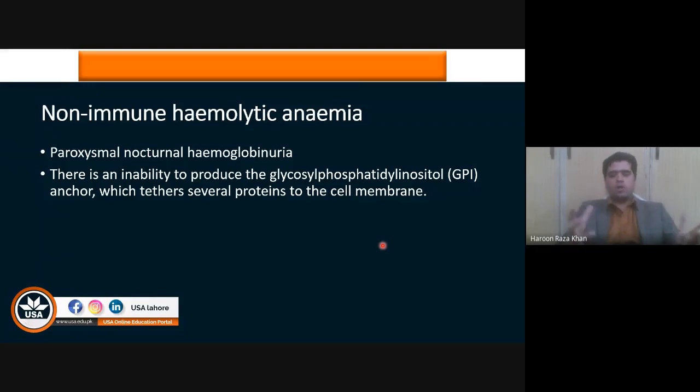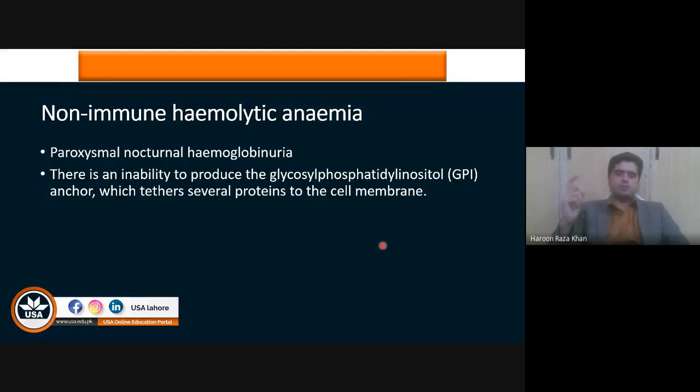Hemoglobinuria also manifests and typically shows as dark urine at night when you go to the washroom. There will be dark urine, and in the morning on waking. So, class, this paroxysmal nocturnal hemoglobinuria should be considered in any patient with a chronic or episodic hemolysis.